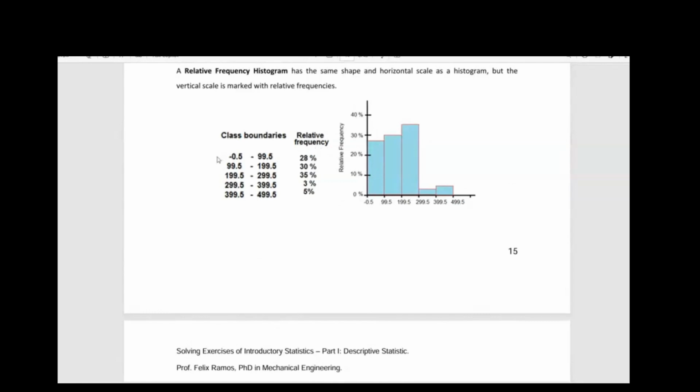So the first bar has a height of 28%, the second bar has a height of 8%, the next has a height of 35%, the next 3%, the next 5%, and so on. Right? So this is basically a relative frequency histogram, with exactly the same shape and the same horizontal scale as the histogram that I showed you before.